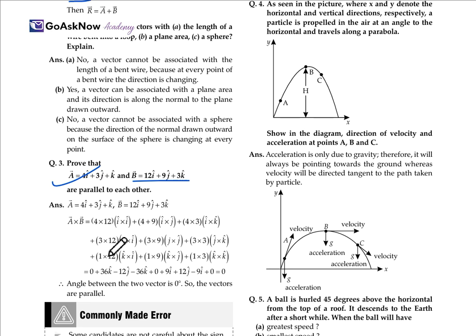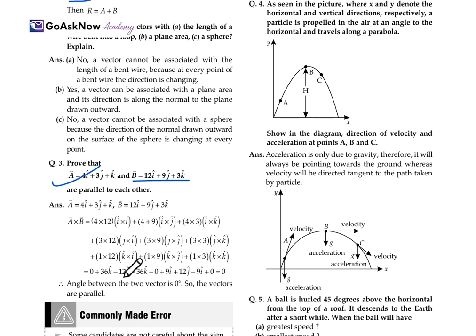So now OA is extended to C, and a perpendicular BC is drawn on OC. In triangle OCB, OB square is equal to OC square plus BC square. Then OB square is equal to, where we can see OC is equal to OA plus AC, plus BC square.